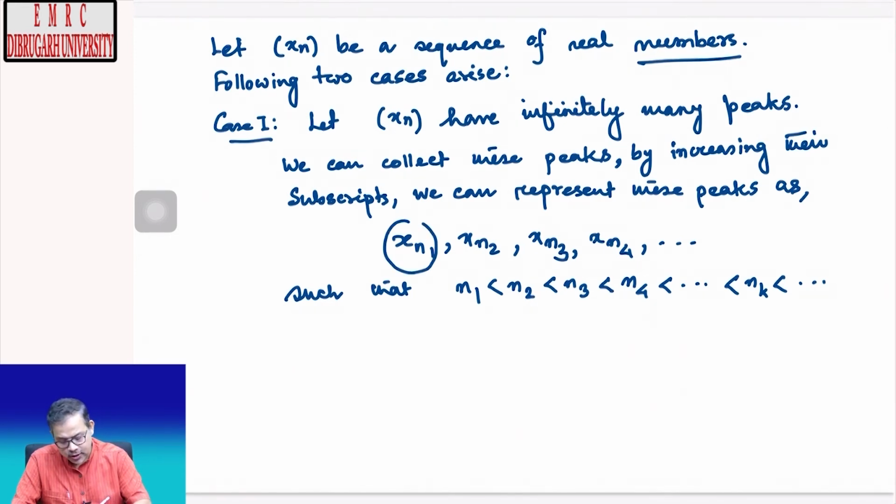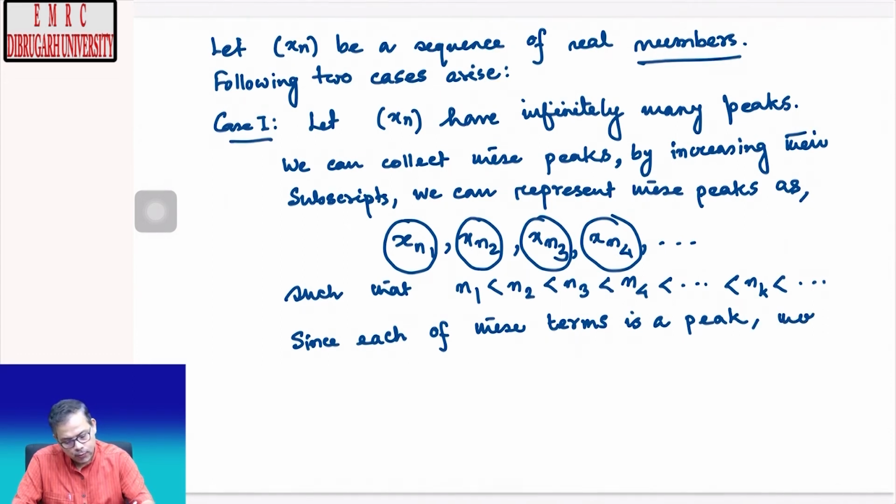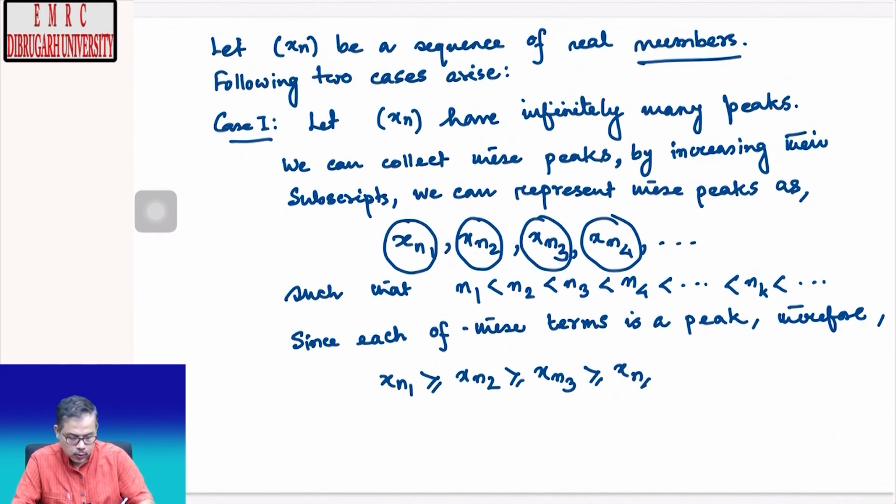Since each of these terms is a peak, this sequence can have this form, xn1 greater than or equal to xn2 greater than or equal to xn3, and so on and so forth.